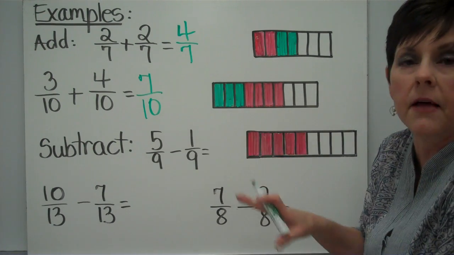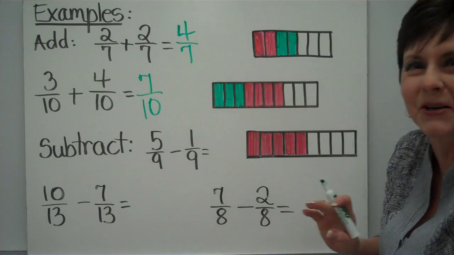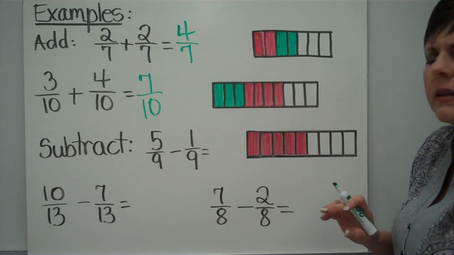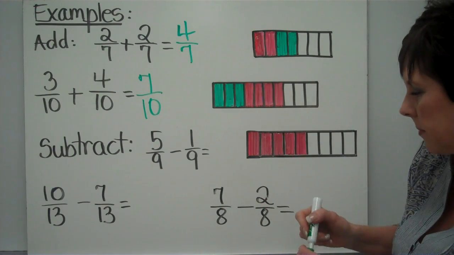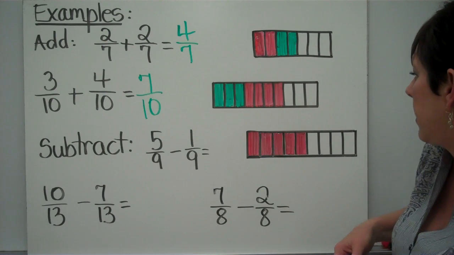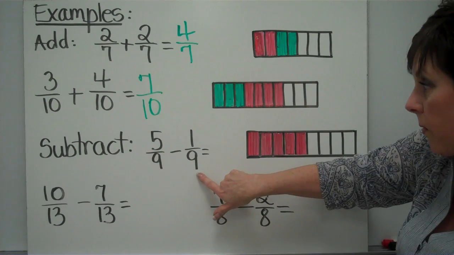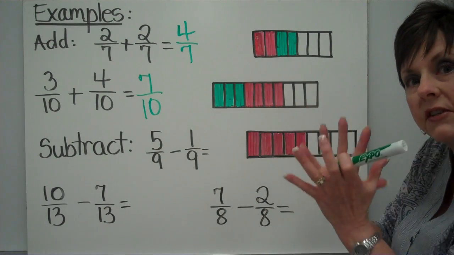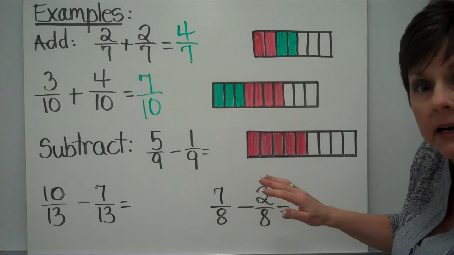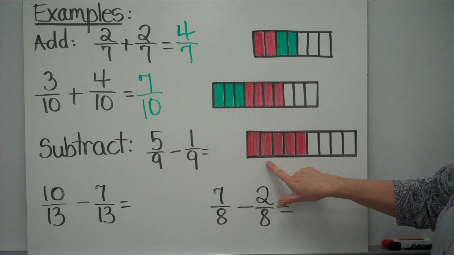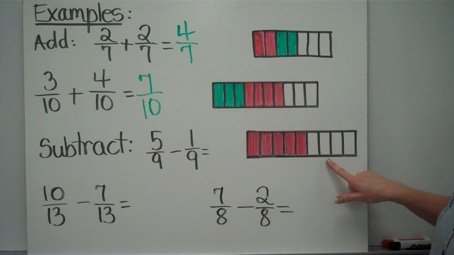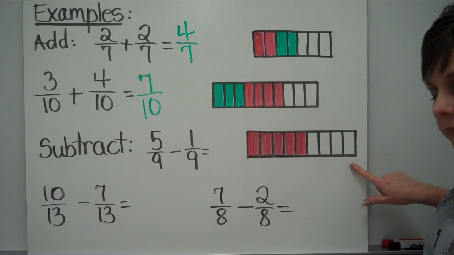Remember that the denominator stays the same. Let's look at some subtraction problems. Let's say that we have 5/9. And by the way, this whole set is divided up into 9 parts. So we have 1, 2, 3, 4, 5, 6, 7, 8, 9.